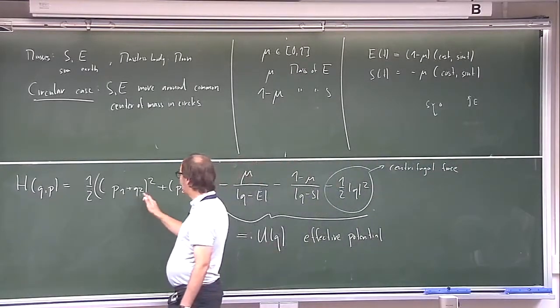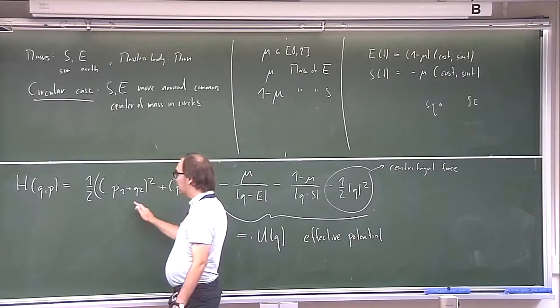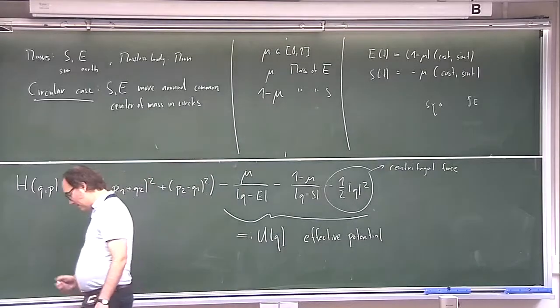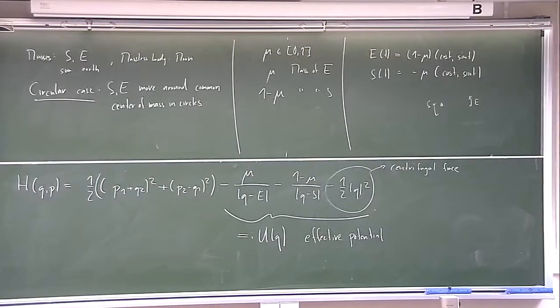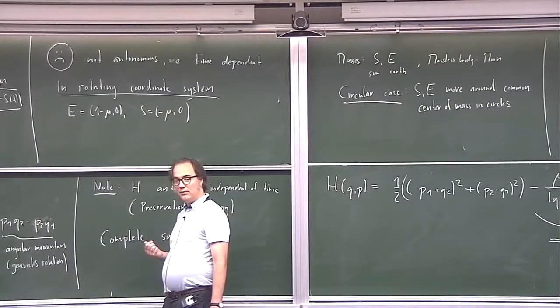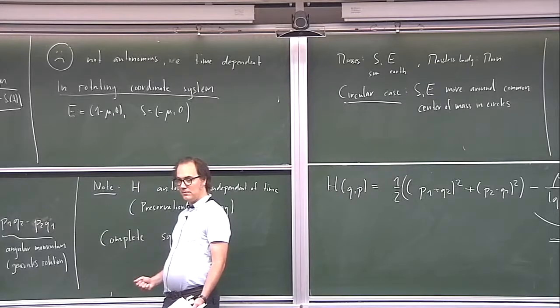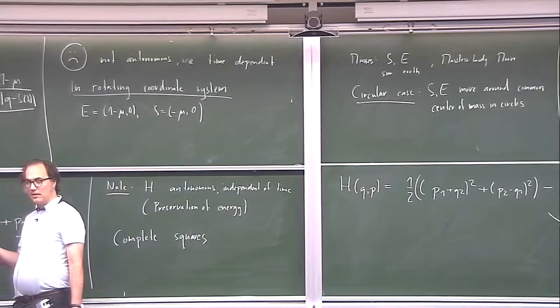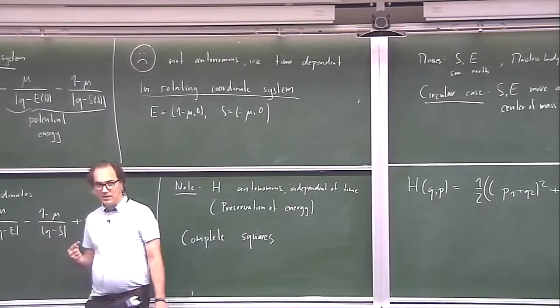Then we also have a twist in the kinetic energy, and this twist is responsible for the Coriolis force. If you just stay put on your merry-go-round, you won't feel it, but if you start moving, you will feel a velocity-dependent force.